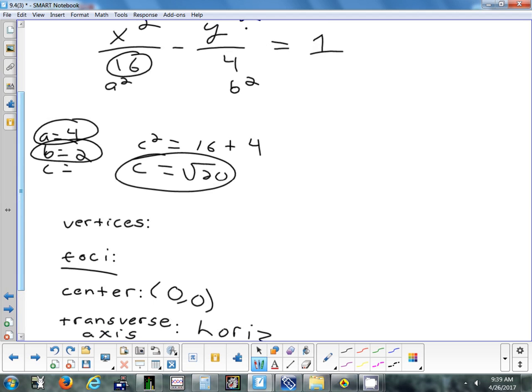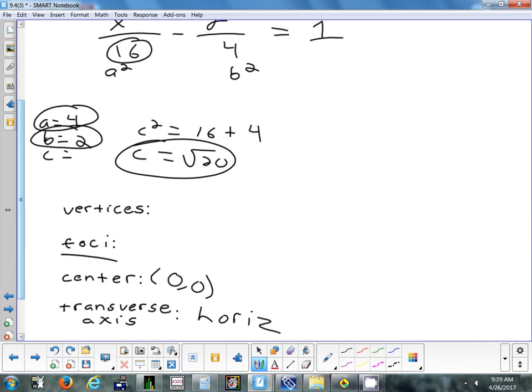What letter tells you? a. a is the distance from the center to the vertices. So they're 4 units away from the center, and we're left and right because everything is horizontal. So what would be 4 units to the left of 0, 0? Yep. And what would be 4 units to the right? You can sketch it if you need to see the symmetry, but they didn't say to, so we don't have to worry about it.